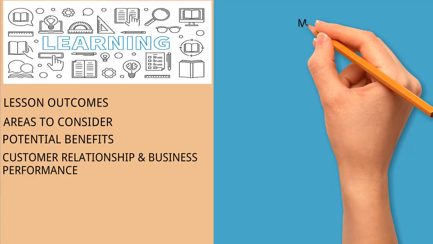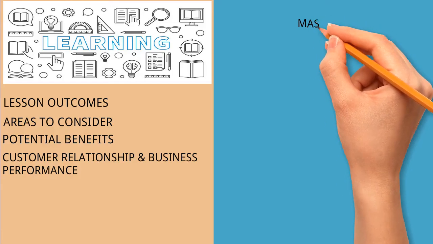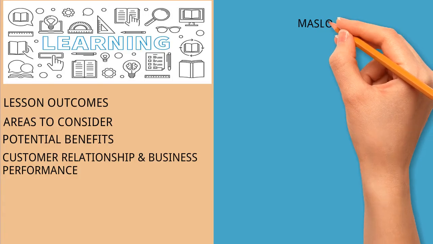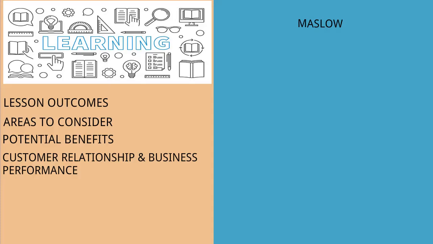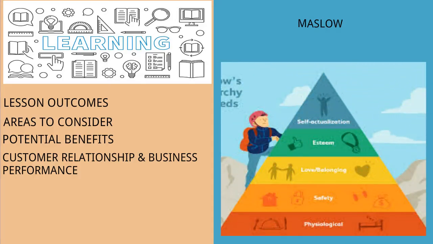When we look at Maslow's hierarchy of needs in terms of identifying your customers and their needs, you have various sections of the hierarchy. Physiological needs in terms of breathing, food, water, sex, sleep, safety in terms of security, body, resources, morality, the family, health and property, and then love and belonging, which is friendship, family, intimacy.